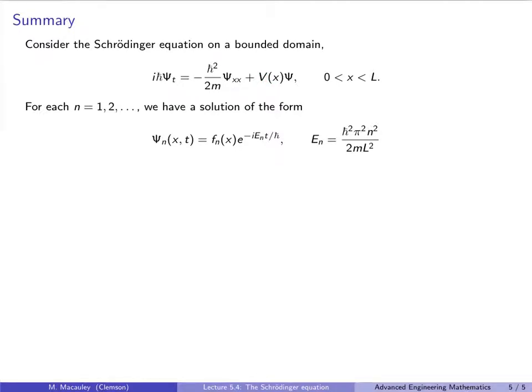Now, what makes this hard is most quantum physics problems are not quite as simple as the infinite well, and also most quantum physics problems are in 3 dimensions. We will see later in the course how equations like the heat equation and the wave equation generalize to higher dimensions.